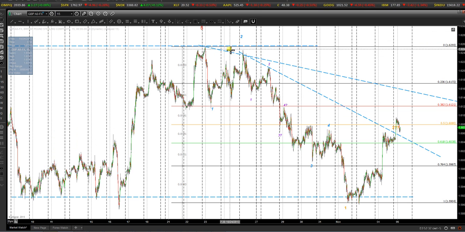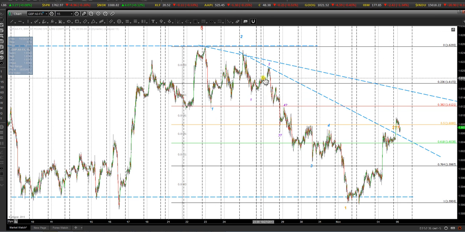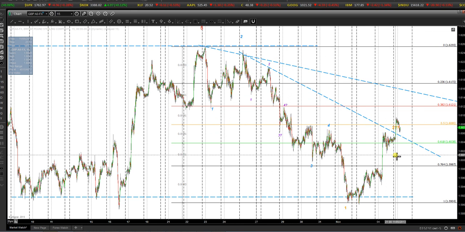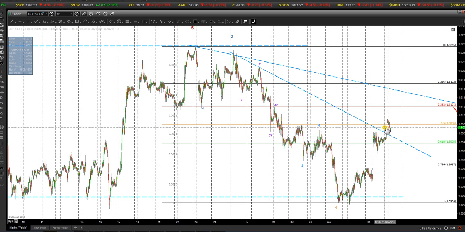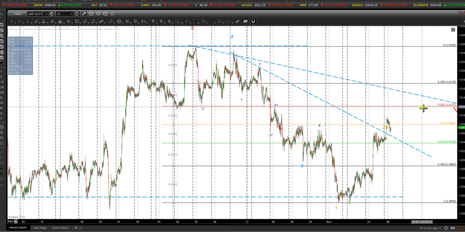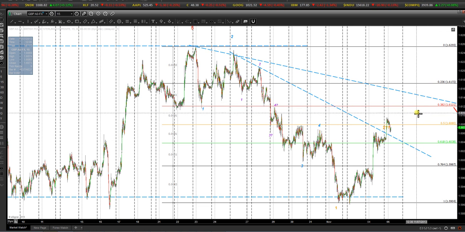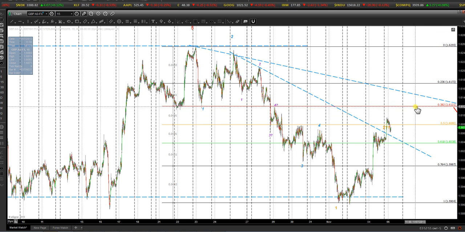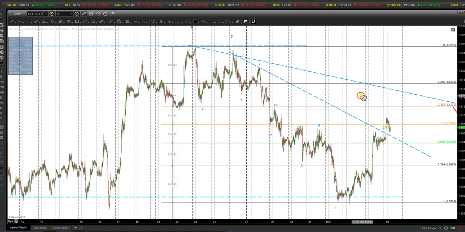Now in the beginning of the week we were looking at this, and our overall bias is to the downside, but we definitely thought that we would either see a bounce off that 38.2 mark, or if not, then we could see it off that 61.8% correction, which is represented by this red fib.